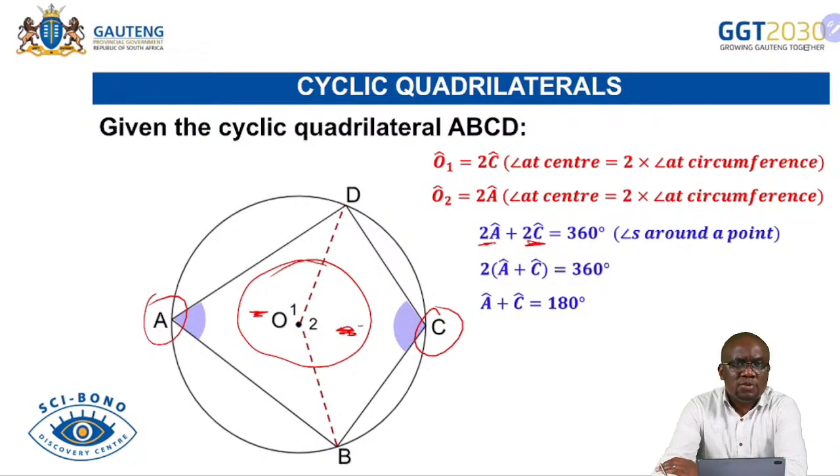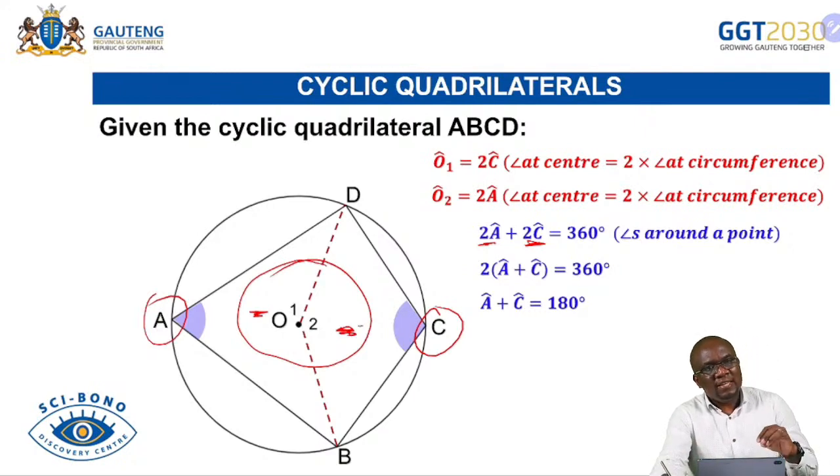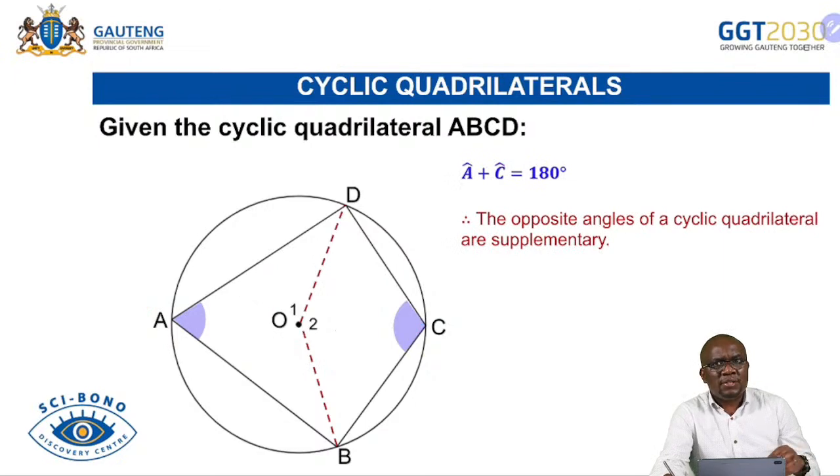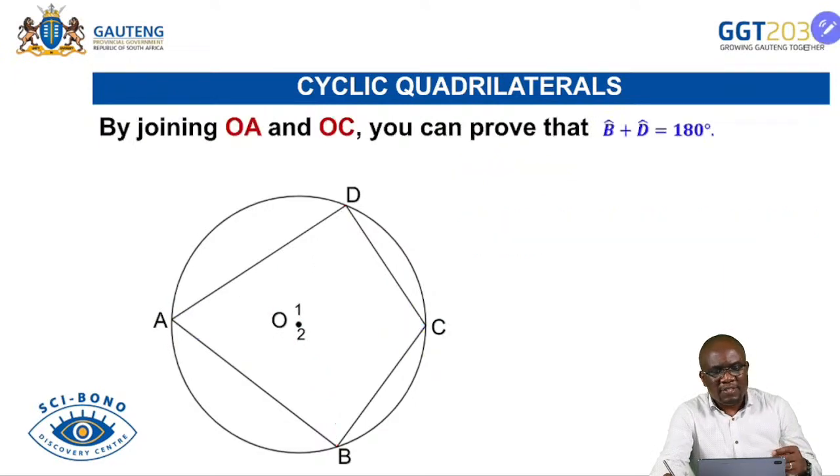Similarly, grade 12s, we can do the proof to prove that angle B plus angle D is equal to 180 degrees. We don't need to do the whole process, but let me just show you the construction if they ask you to do that. You just construct like this.